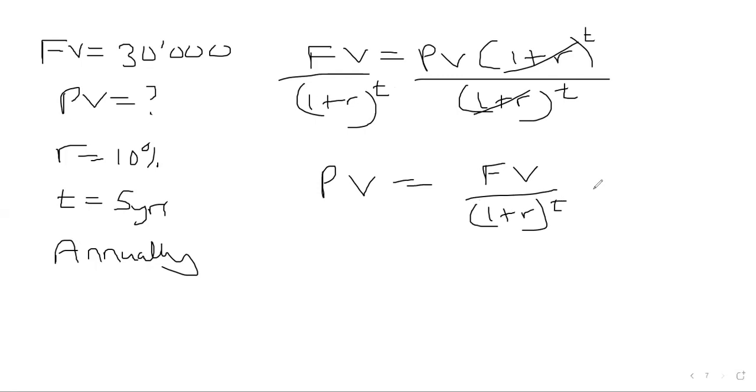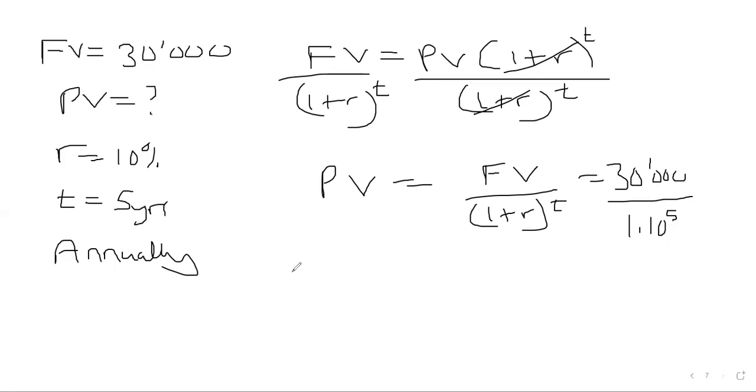And our future value in this case is 30,000. So 30,000, and here we have our interest rate, which is 10%, 1.10 to the power 5 years. So 1.10 to the power 5. Then we're dividing 30,000 divided by the answer.